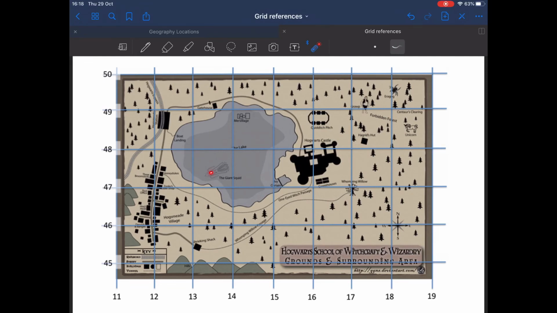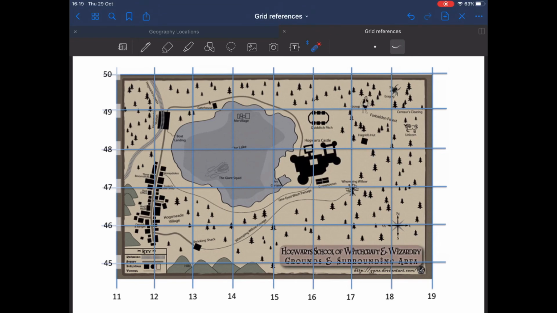And we can then see that going up, it is about 4/10 of the way up. So that would be 4, 7, 4. So if we put them together, a 6-figure grid reference for this one would be 1, 3, 6, 4, 7, 4.